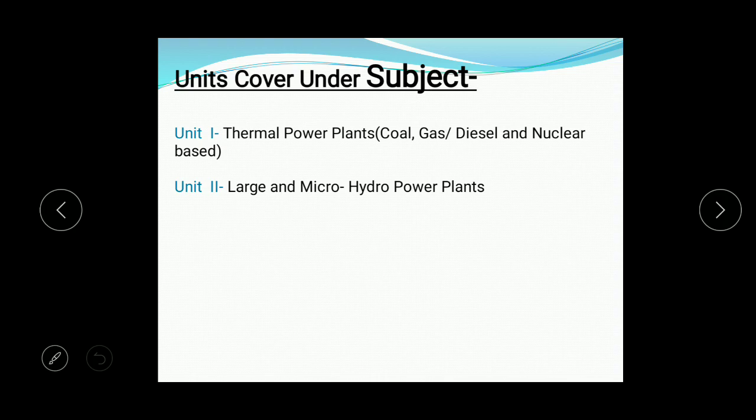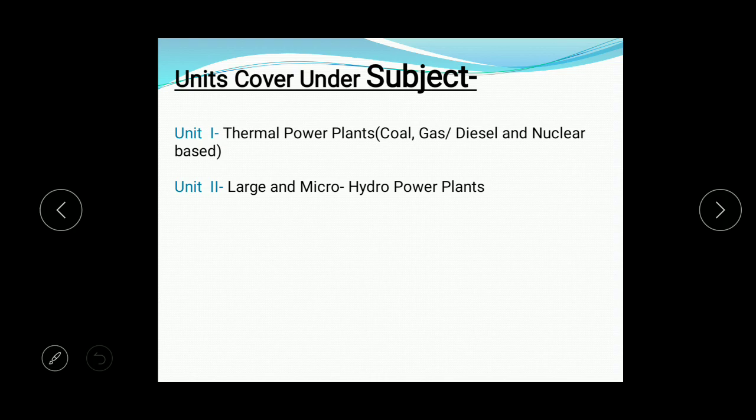Also we see the different micro hydro turbines with different heads, and then the locations of power plants in Maharashtra. These points are covered in the second unit, large and micro hydro power plants.